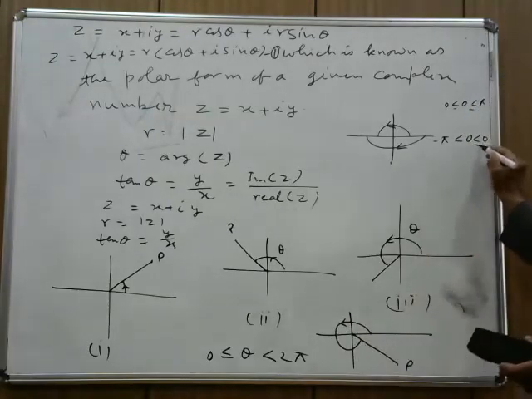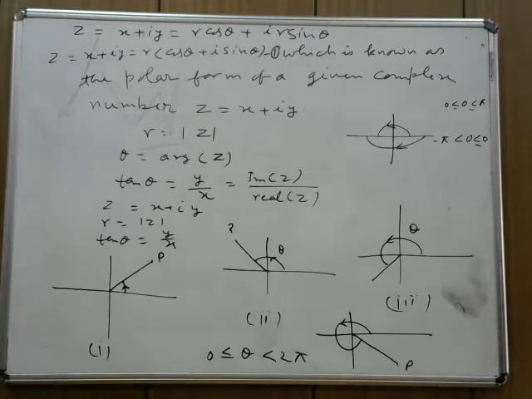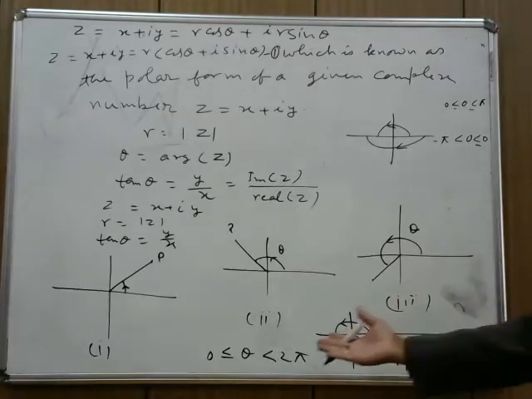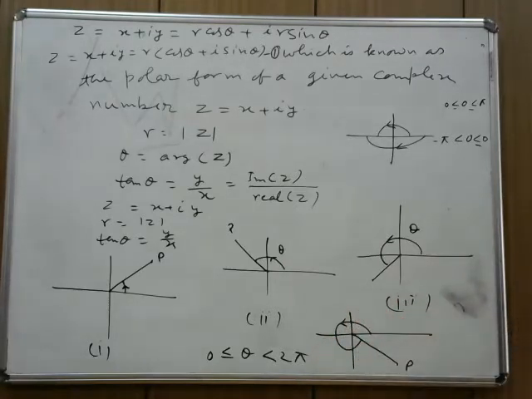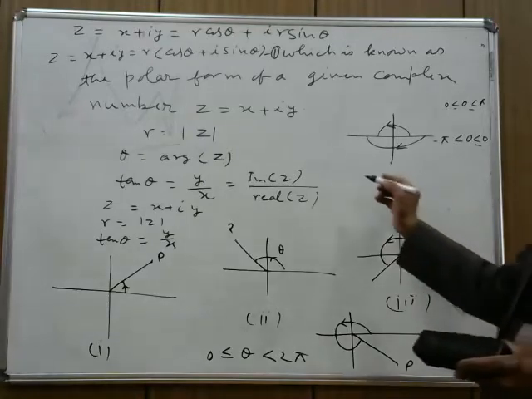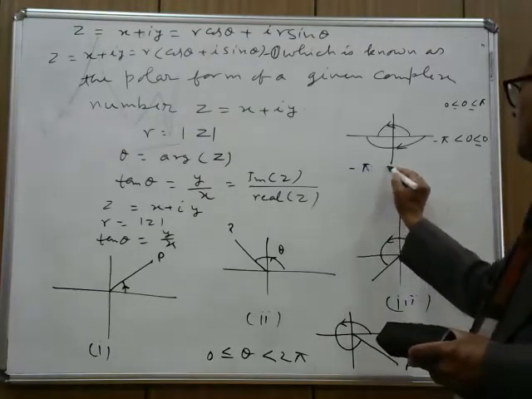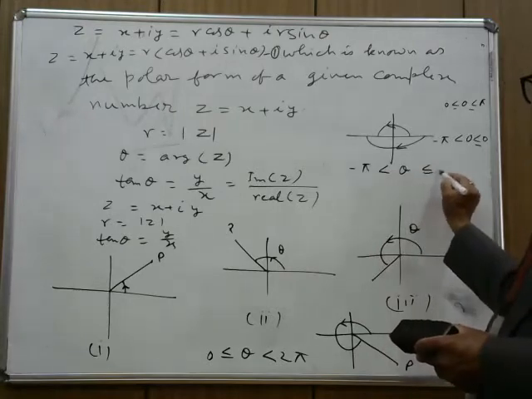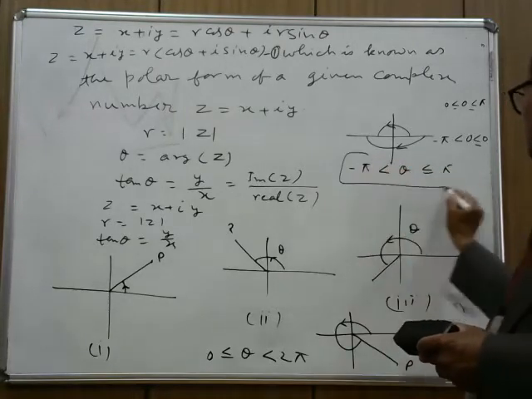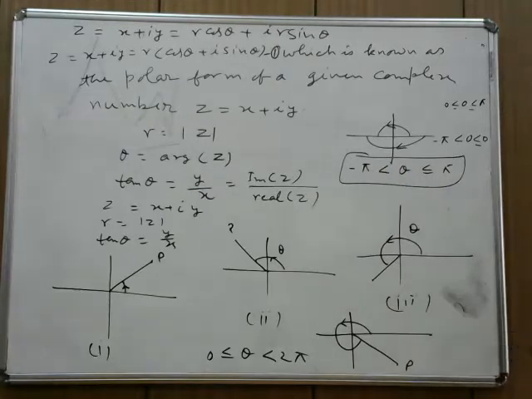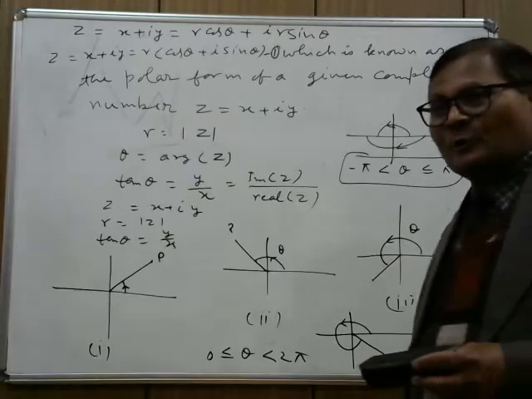So we consider an interval whose length is the same as this interval, but it divides the whole xy plane into two equal halves. How can we take the interval? Minus pi is less than theta is less than or equal to pi. The length of this interval is also 2 pi, and the x-axis divides the xy plane into two equal halves.